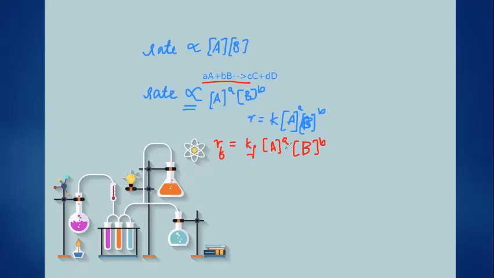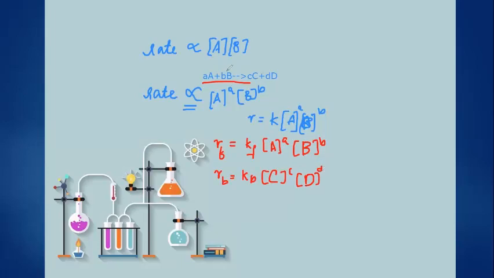Product of active masses of the reactants, to be precise. And now we know the rate of backward reaction is equal to Kb, concentration of the products, raised to its stoichiometric coefficient.